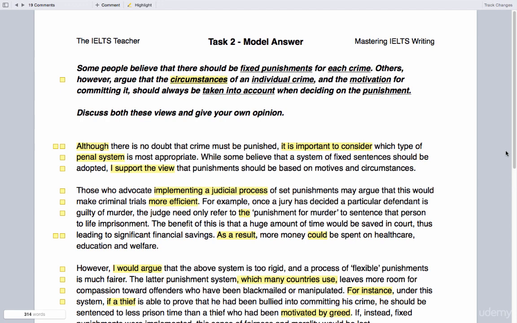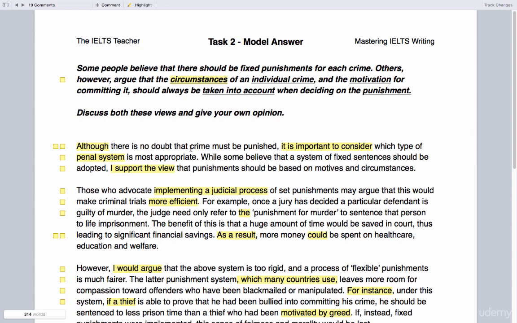So, first of all, we have a highlighted word in the question, and notice that we have lots of underlined words in the question as well. This is because we're looking at task achievement, underlining keywords to stay focused on the task requirements. You can learn about this in Lecture 7, which is about planning effectively.